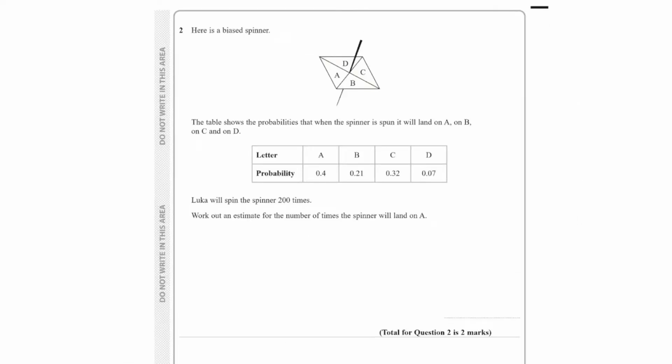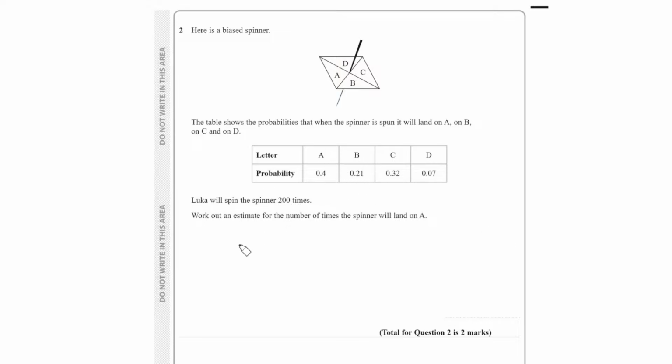Question number 2. Here is a biased spinner. The table shows the probabilities that when the spinner is spun, it will land on A, on B, on C, and on D. Luca will spin the spinner 200 times, work out an estimate for the number of times the spinner will land on A. This is really straightforward.